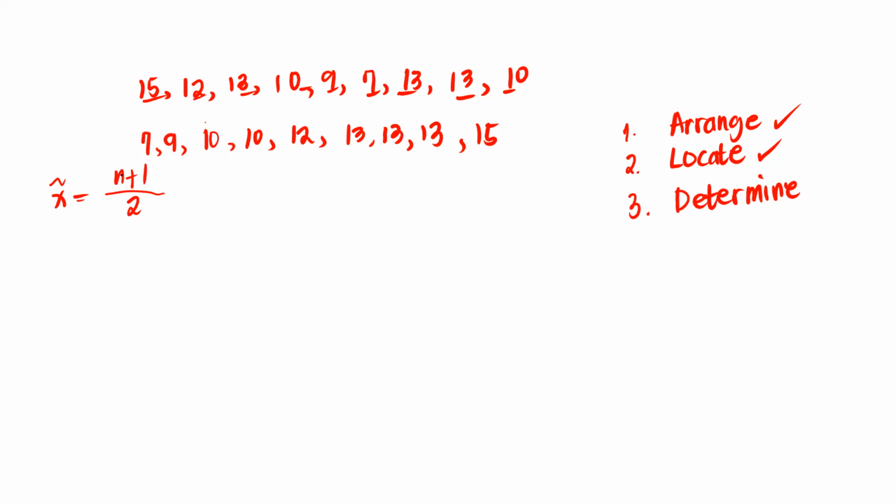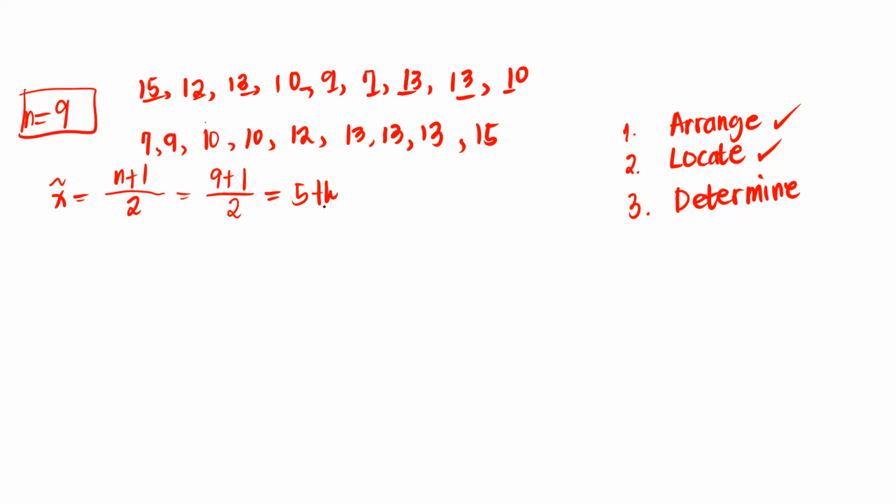N plus 1, we have n that stands for the frequency, or ilan yung data na meron tayo. Again, 1, 2, 3, 4, 5, 6, 7, 8, 9. 9 po yung data natin. So substitute na lang natin yan. 9 plus 1 divided by 2. So we have 5 as the answer. Right? So ibig sabihin, it is the 5th data.